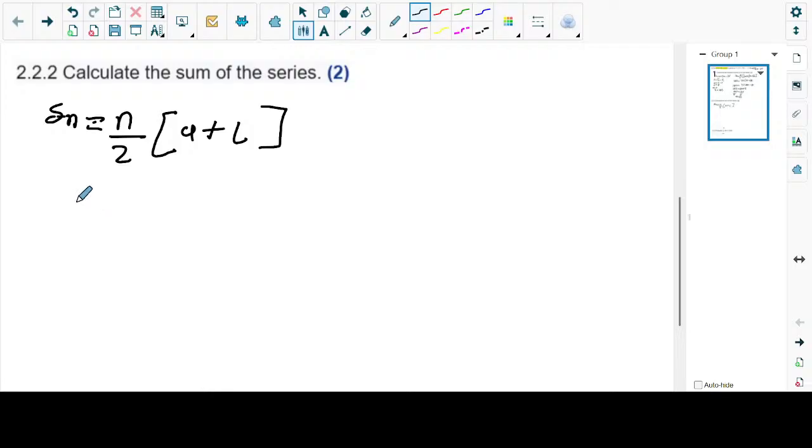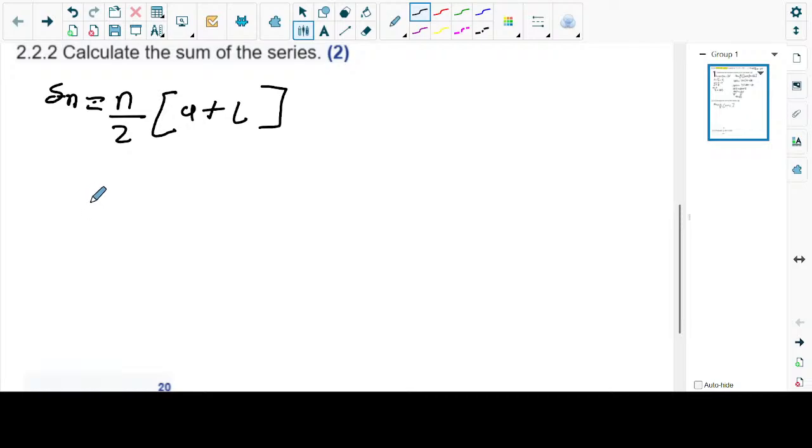Why do I know this formula? I once did research on the guy who came up with this formula, Gauss. He was busy giving his teacher trouble, and then they gave him a problem. The teacher told him to go and add 1 plus 2 plus 3 plus 4 plus 5 up until 100. I cannot remember the whole story.